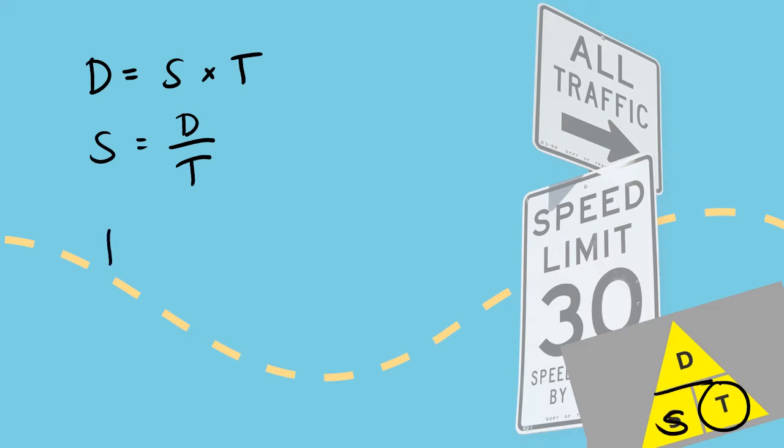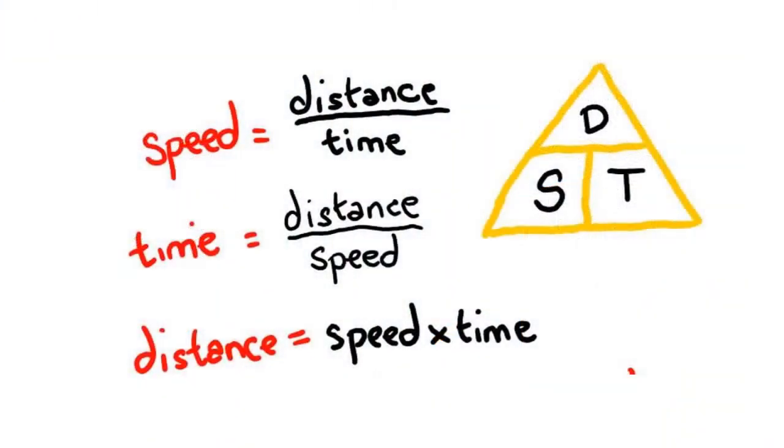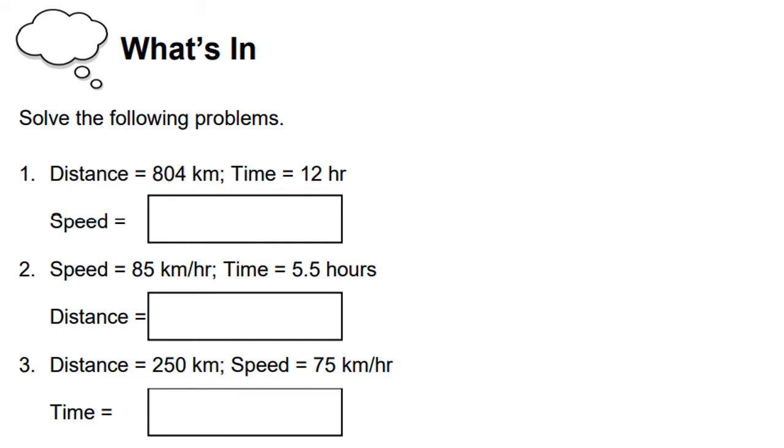So time is equal to distance over speed. Distance is equal to speed times time, and we can use this triangle to easily remember the formulas for these terms.